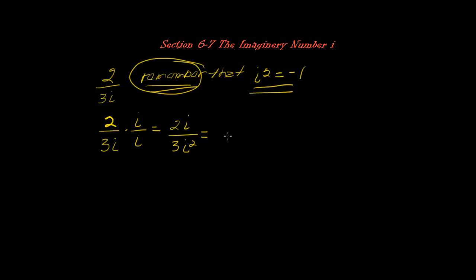Now that is equal to 2i all over 3 times negative 1. Because again, i squared, I'm going to drill this in, is equal to negative 1.